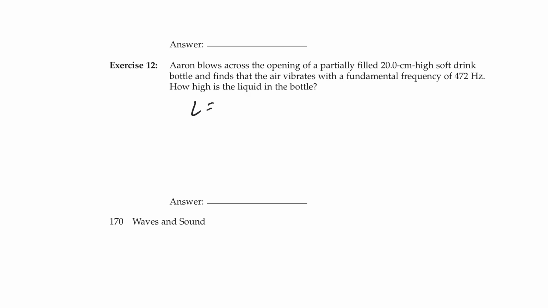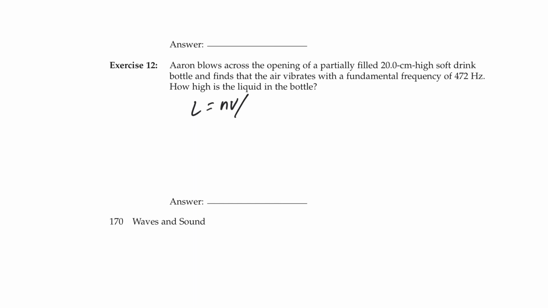Well, we know that that is the number of antinodes, the number of hills, humps, times the speed of air, which we know, divided by, let's see, actually, it's slightly different.